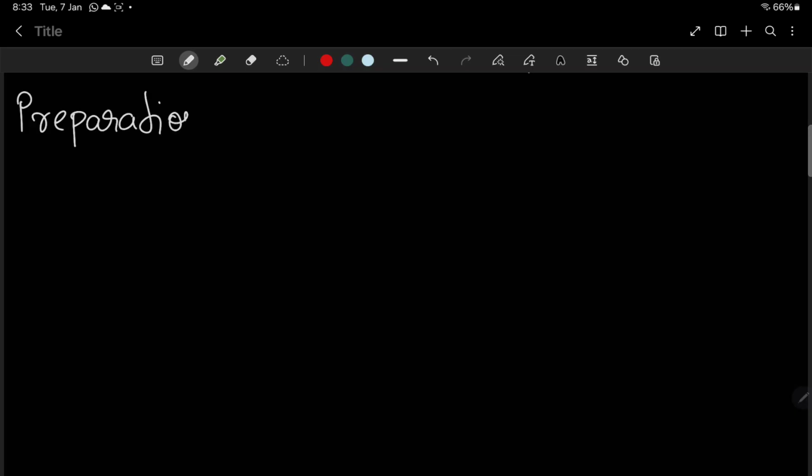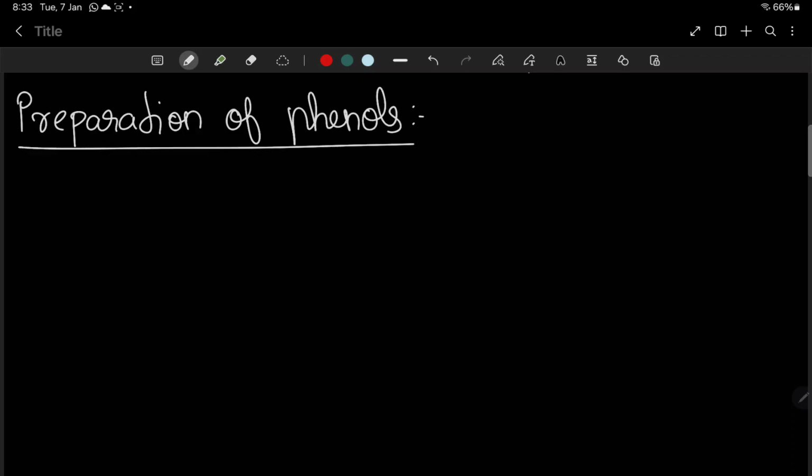Now let us do some preparation methods for phenols. Phenol can be prepared by different methods. The first method is from haloarene. This reaction is called nucleophilic substitution reaction of haloarene.